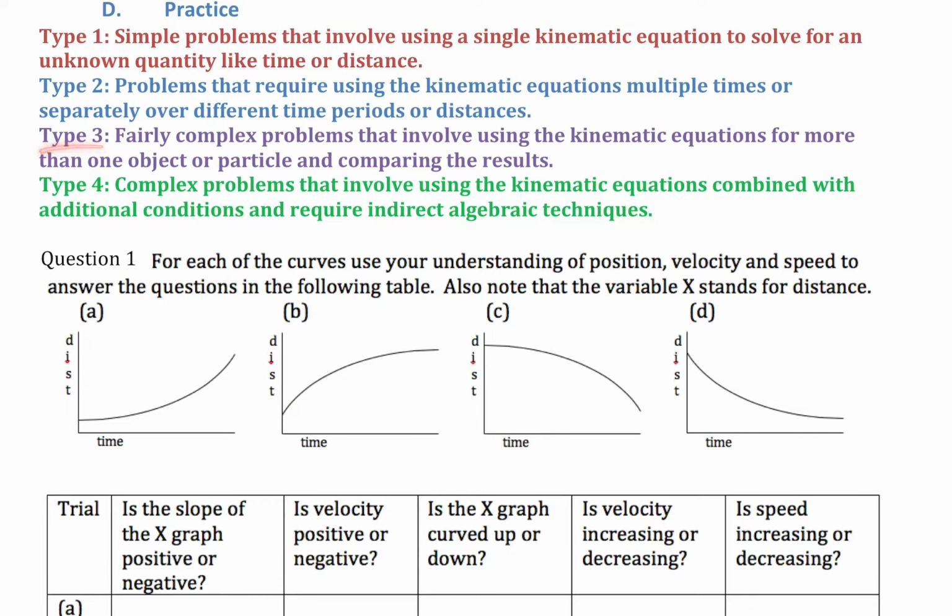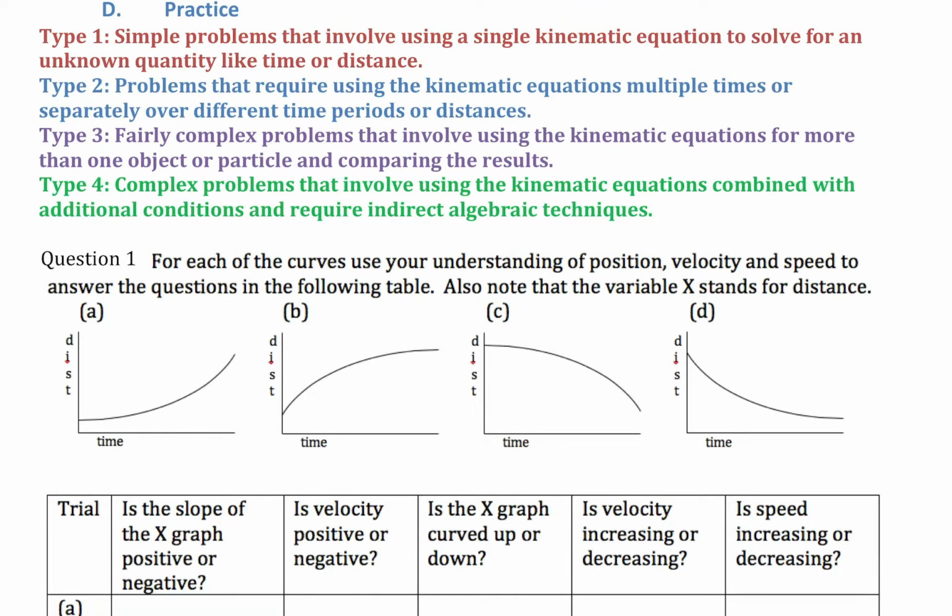Then type 3, increasing in complexity, we now have problems that involve using the kinematic equations for more than one object or particle and comparing the results. This is a big thing now, where we have to relate two movements. There are two separate moving objects or particles that we have to consider, which adds a level because we have to think about how they're moving relative to each other.